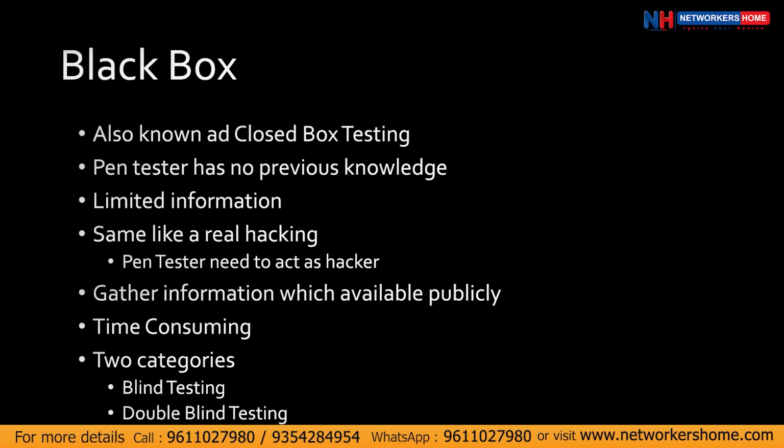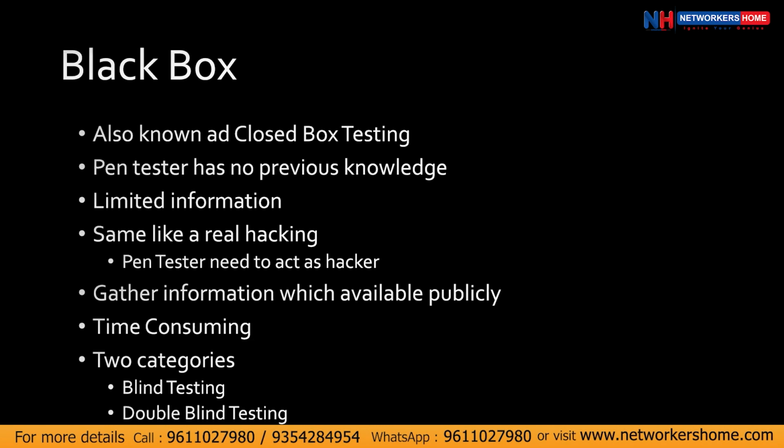Okay, so you can see the next point in the slide: gather information which is available publicly. Same as hacking: if you remember the normal phases in ethical hacking, information gathering, then scanning, gaining access, maintaining access, and clearing tracks. That is as a hacker. Here we don't need to clear any tracks or maintain access.